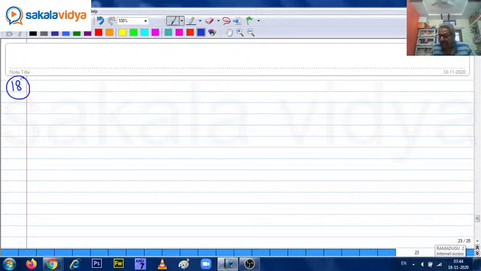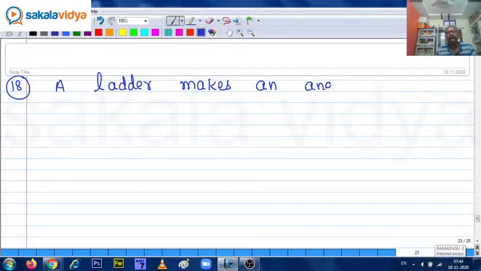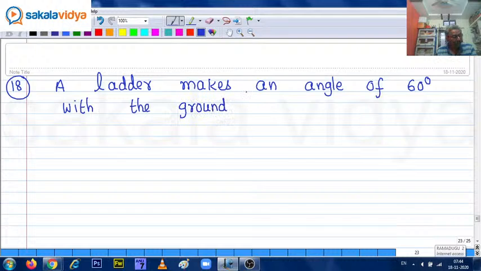18th question. A ladder makes an angle of 60 degrees with the ground when placed along a wall.